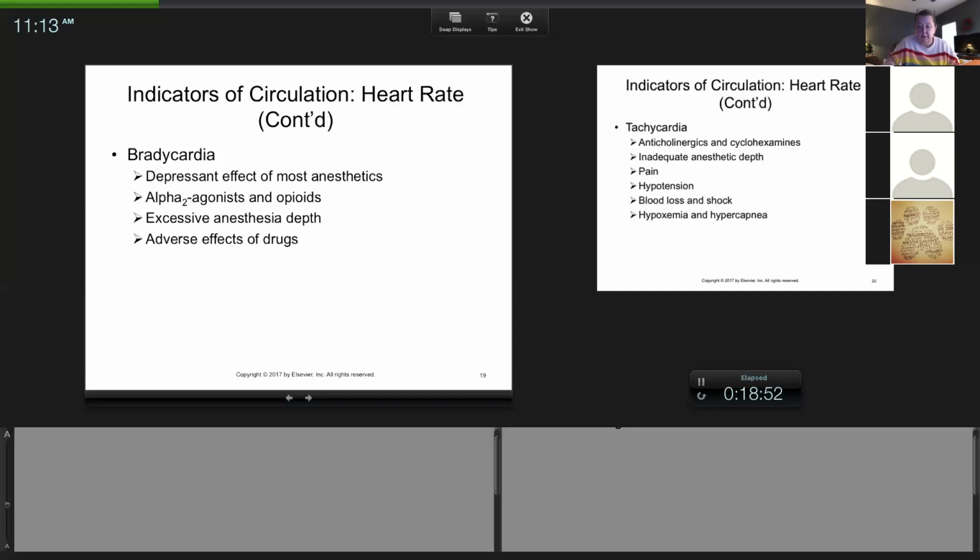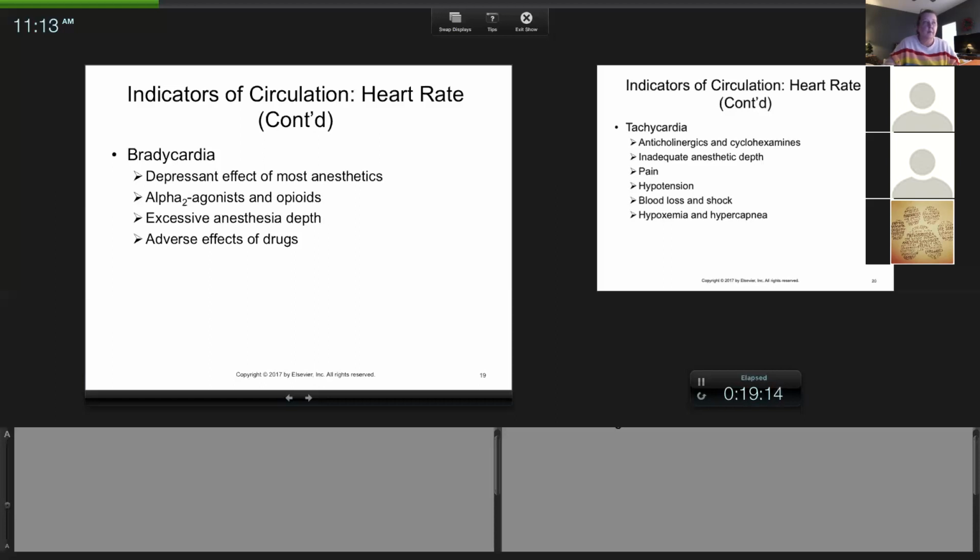Did this dog or cat get xylazine or Dexdomitor? If the animal got that drug, it's more than likely from that medication that they're bradycardic. If they didn't get that drug, then I'm wondering, are they too deep? Are they having an adverse reaction?